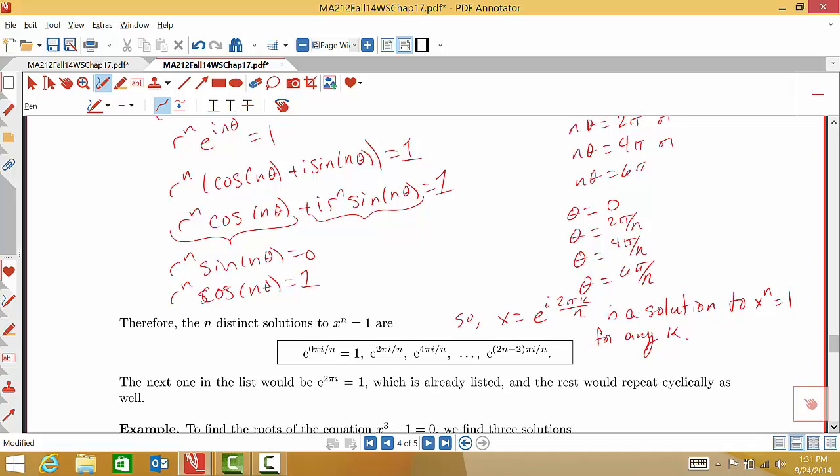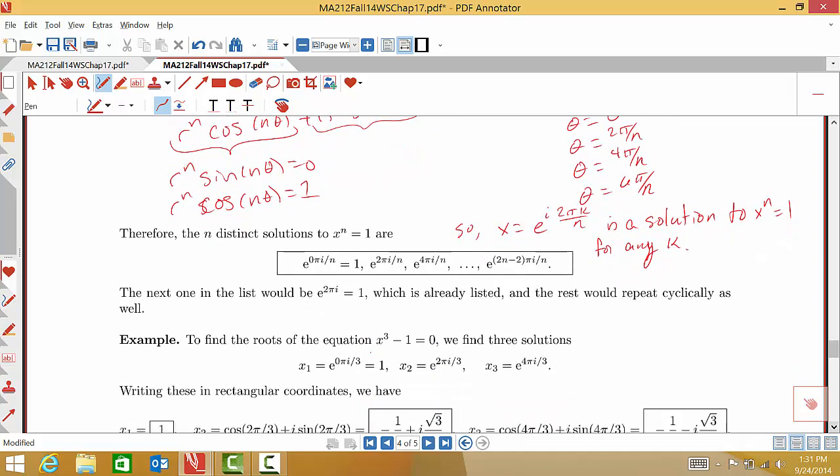If we check, when we calculate what e to the 2 pi k over n i is, in rectangular form, we'll see that after k gets big enough, we start repeating ourselves. There's only actually n distinct solutions here. That's all summed up right here.